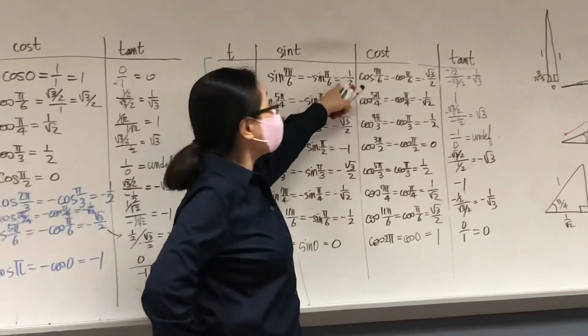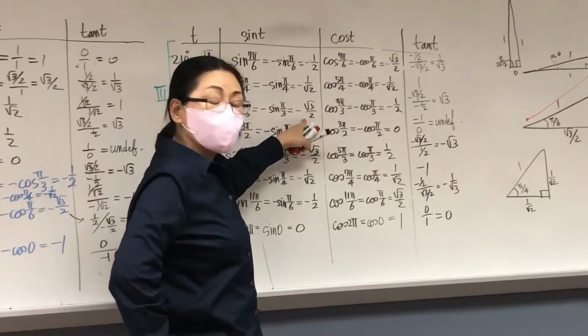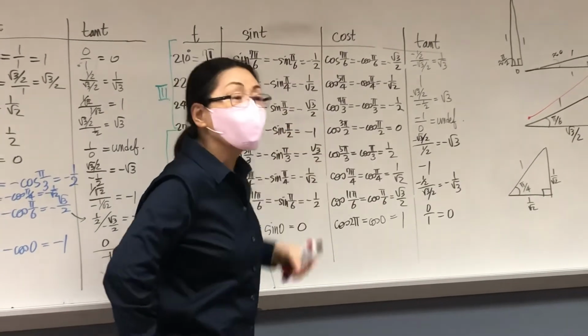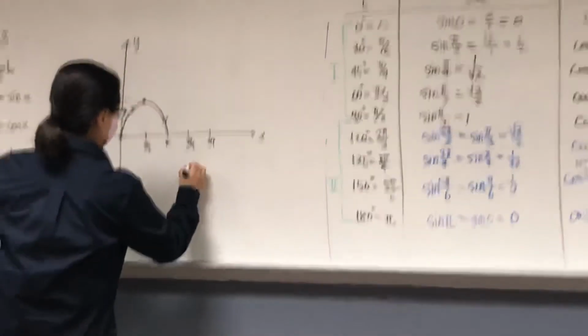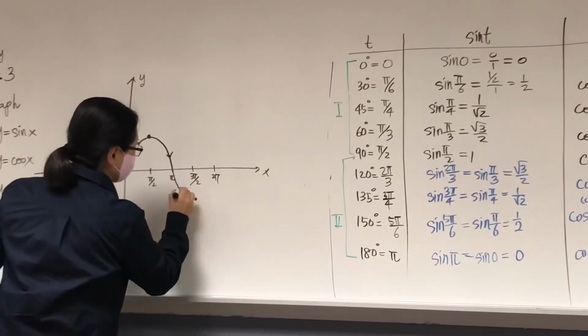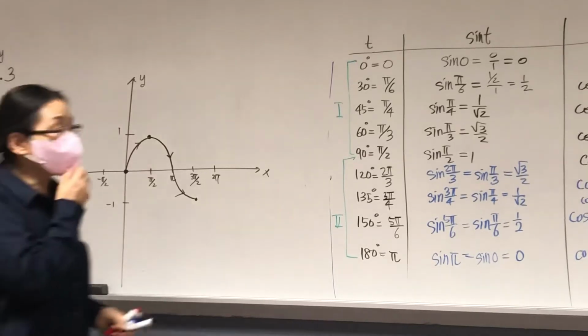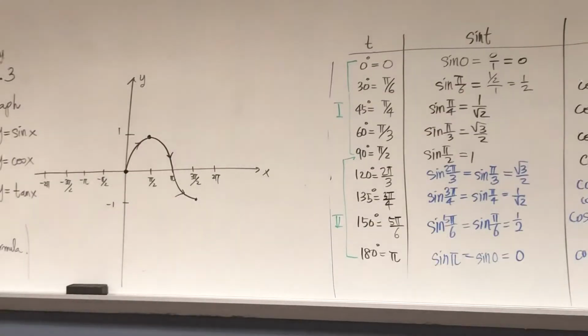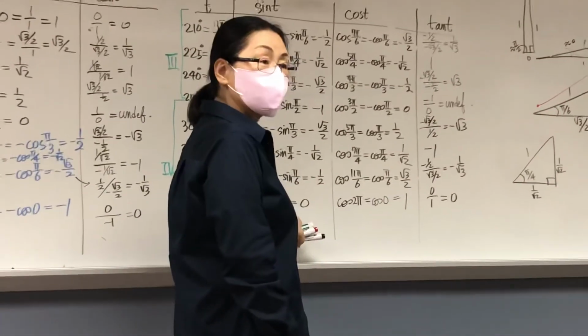Starting from 0, and then negative 1/2, negative square root of 2 over 2, negative square root of 3 over 2, negative 1. Down, yes. And the fourth quadrant, still negative, so starting from negative 1 to 0.